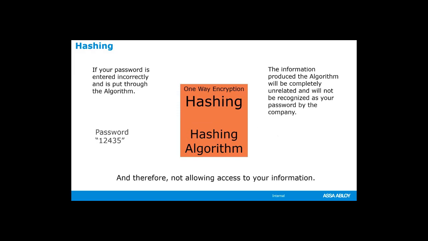If the password entered is incorrect and is put through the algorithm, the information produced is going to be completely unrelated and will not be recognized as your password by the company, and therefore will not allow access to the information or the account. And this is why companies will reset your password, but they will not provide your password, because they don't know what it is.